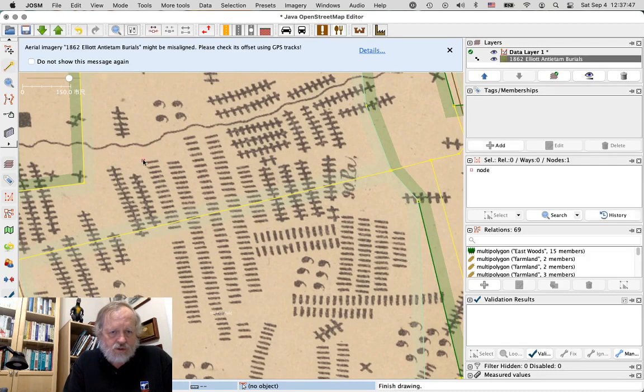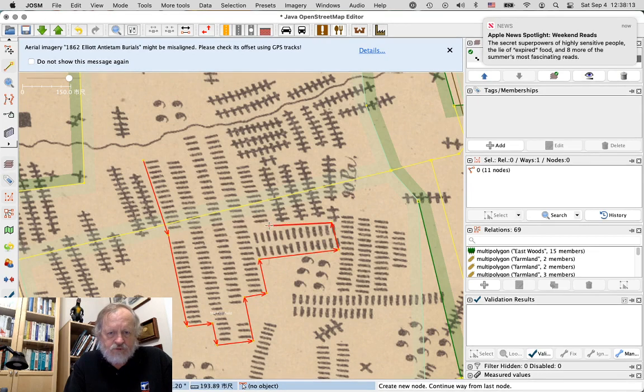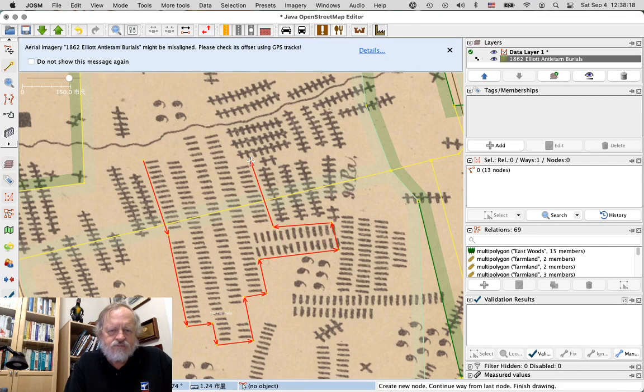So I'm just going to treat this particular grouping of Confederate burials as a thing.